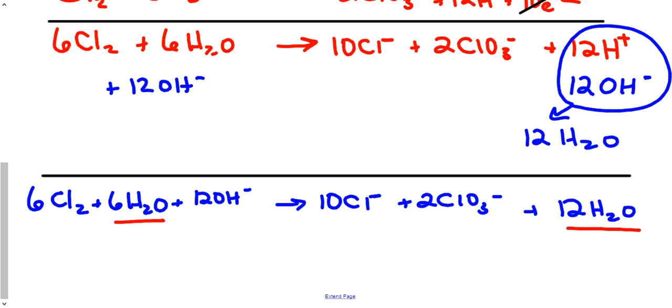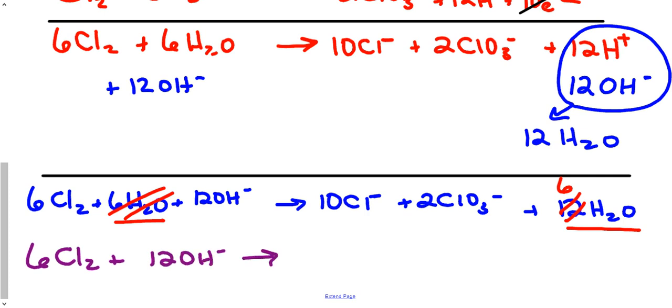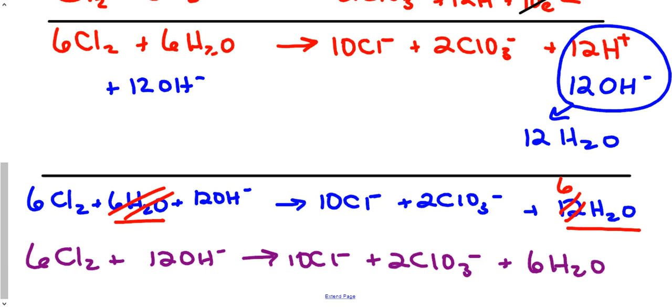So we can cancel yet some more. All 6 of these will cancel. 6 of the 12 will cancel, and I'll have 6 left over. So my final net equation will be 6 chlorines, and this water is gone, 12 hydroxides, react to make 10 Cl minuses, 2 ClO3 minuses, and 6 water molecules.